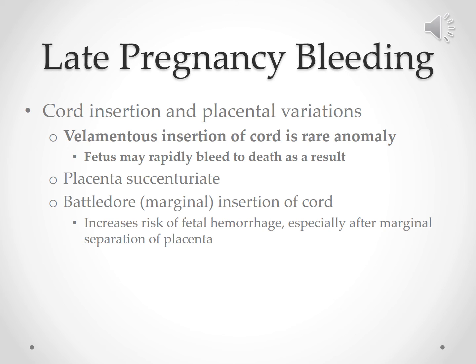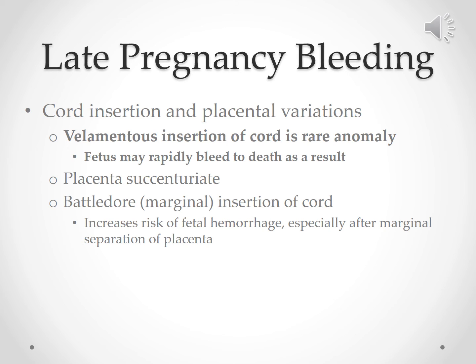With a vasa previa, you lose the Wharton's jelly at the distal end of the cord where it's going to attach into the placenta. So there will be some inches where the umbilical vessels do not have that protective wrapping around them, and so they are just going to branch out, kind of run through the membranes, and then they will go into the placenta.